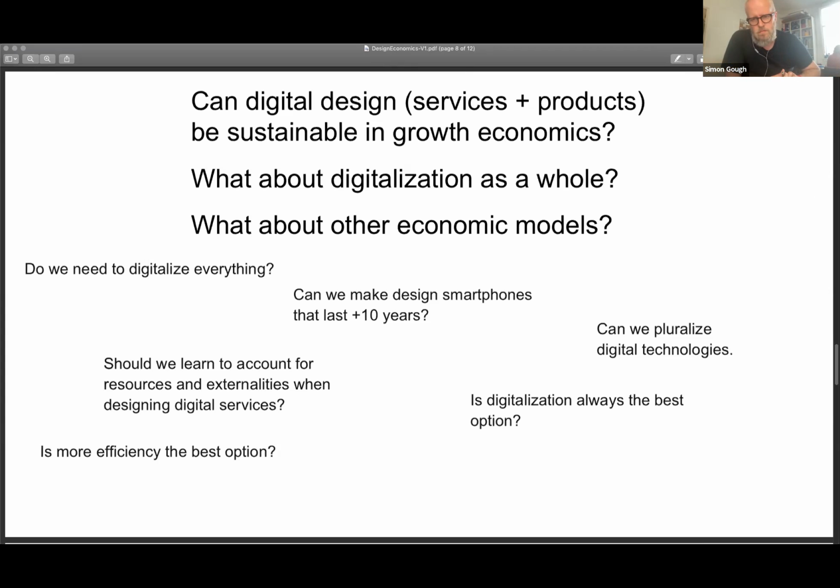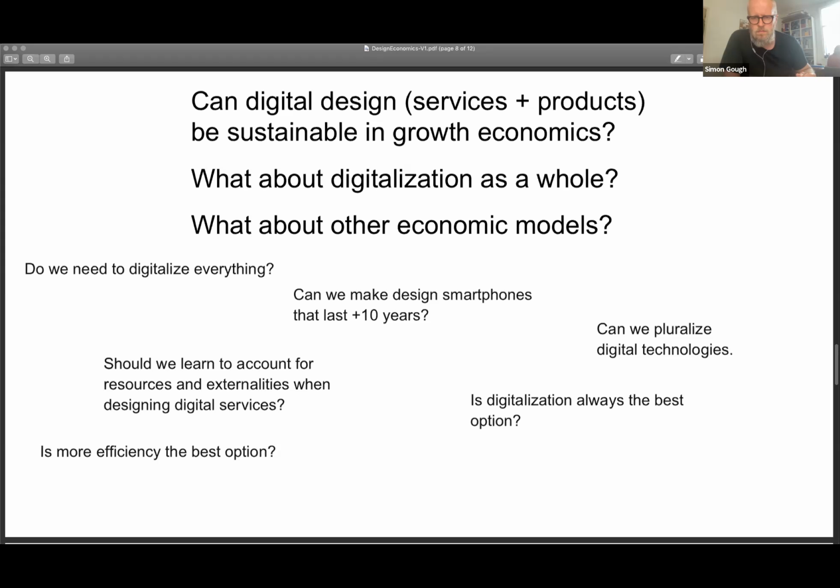It seems to me that architecture and product design were the first two design disciplines that really took on board the sustainability challenge, because it was very evident how their practices had material impacts. Whereas digital design and communication design, it's less evident. It's more about the things that people do, the different types of ideas that people have.